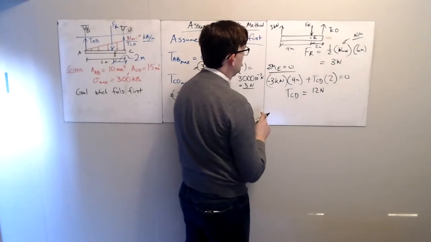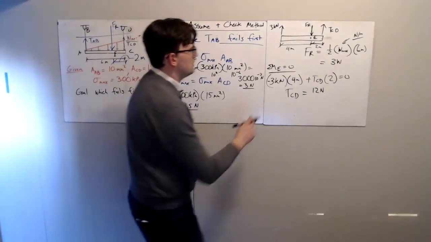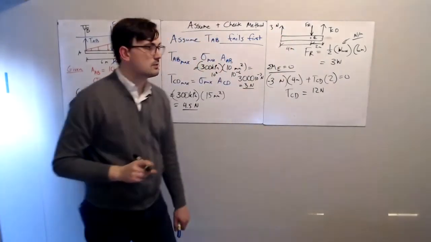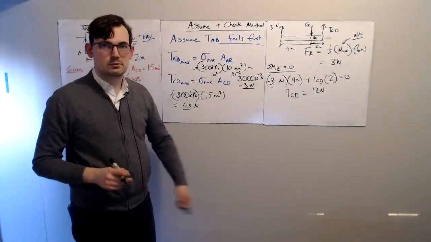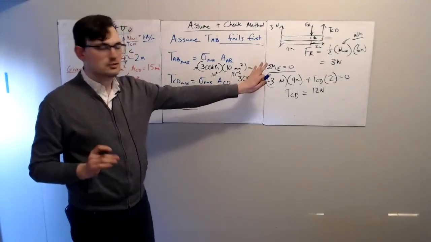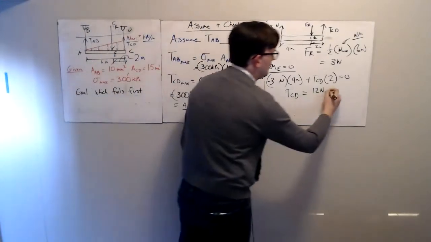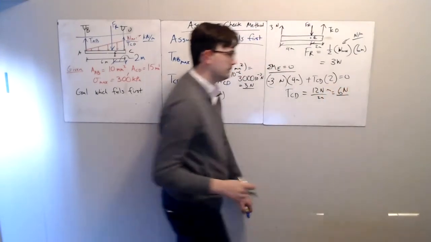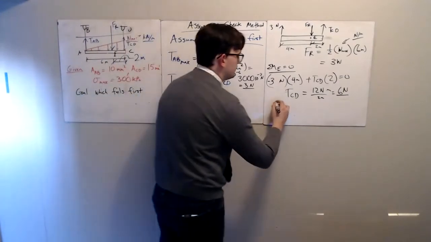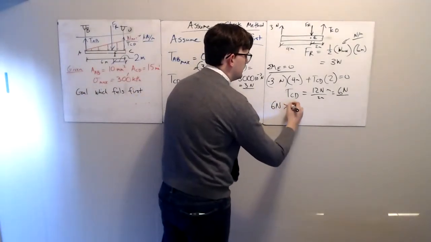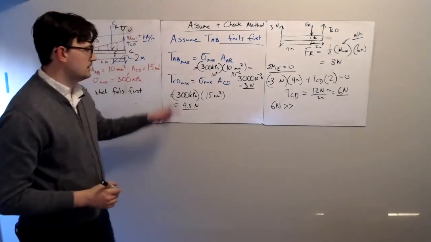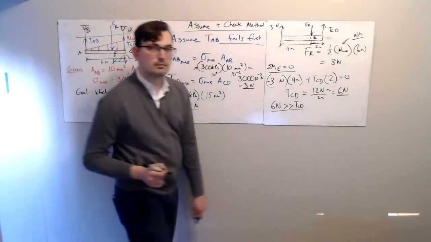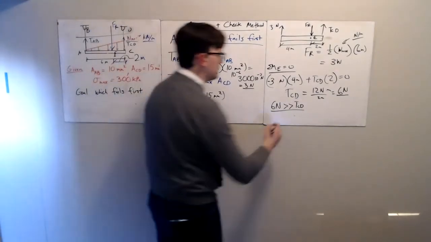Sorry, I should say newtons here. I know you're all screaming at your screens, Albert, it's newtons, not kilonewtons. Why are you so fixated on that? I've made the change here, sorry about that. 12 newton meters divided by 2 meters. That means that this would have to be 6 newtons. 6 newtons is much greater than the max that it could be, which means our assumption is wrong.